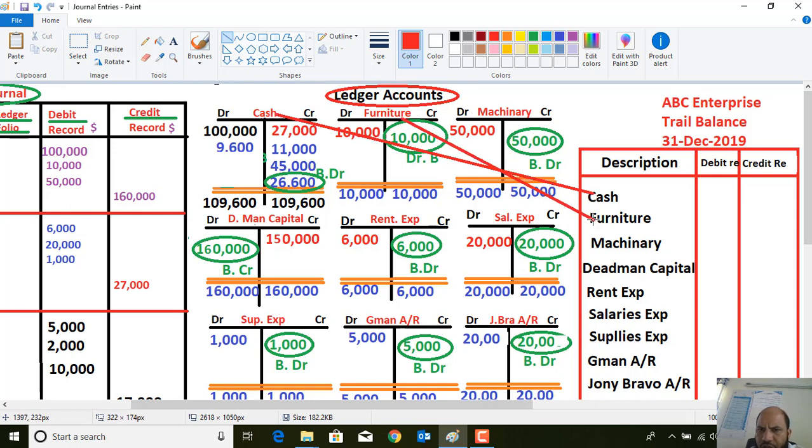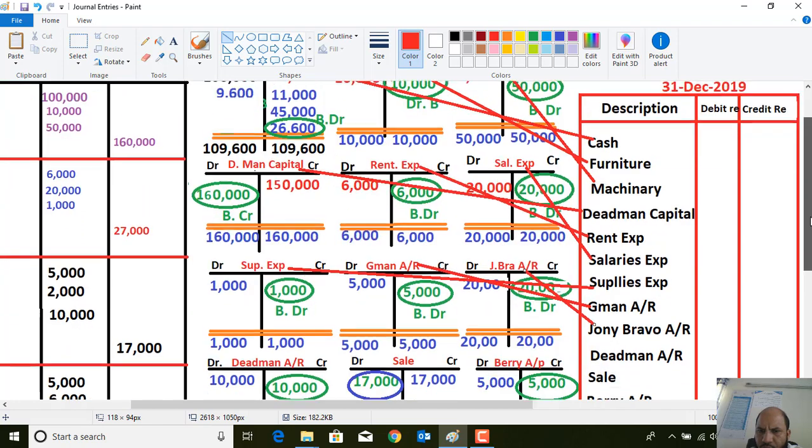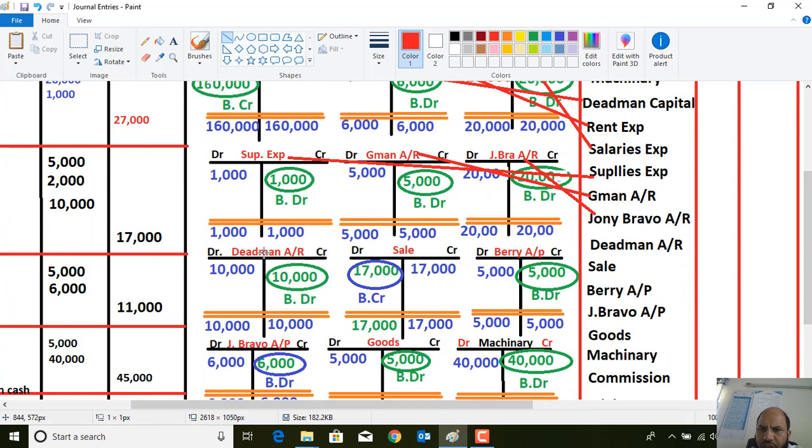This is the furniture, so I have recorded it. This is the machinery, so we brought it. Dead man capital, see over here. Rent expenses is over here. Salary expenses is over here. In the same way, the supply expenses is over here. The German account receivable, the Unibrow account receivable. So I have brought the titles of each and every account over here.